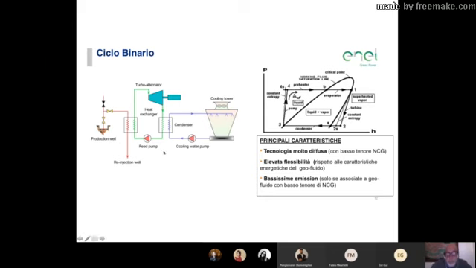So let's make a summary of the comparison between flash power plants and binary cycles. Flash power plants are more efficient. They are very good whenever your geothermal fluid is mainly water, and even if you have a large amount of non-condensable gases, they can run relatively well.